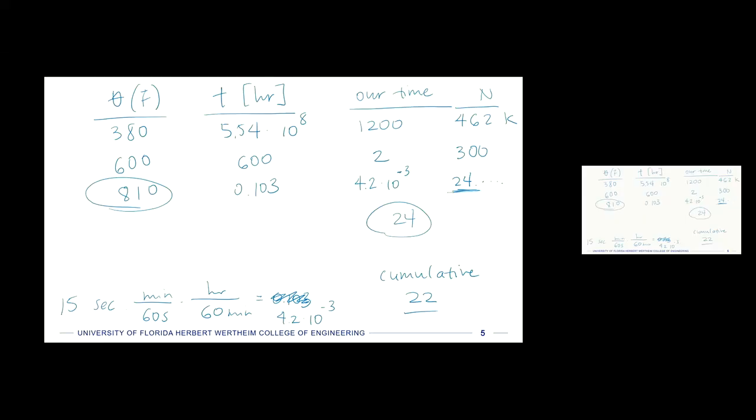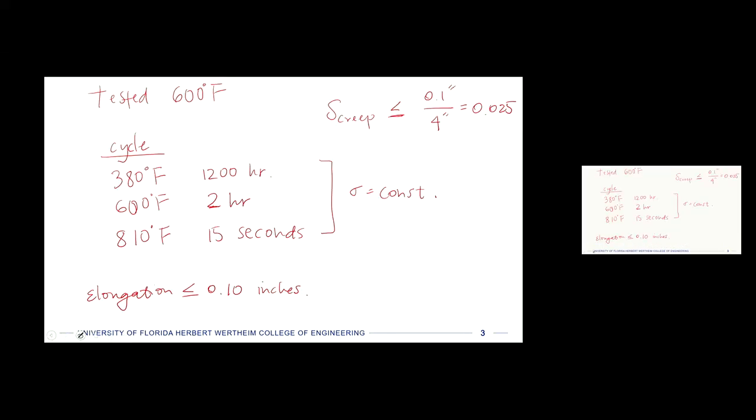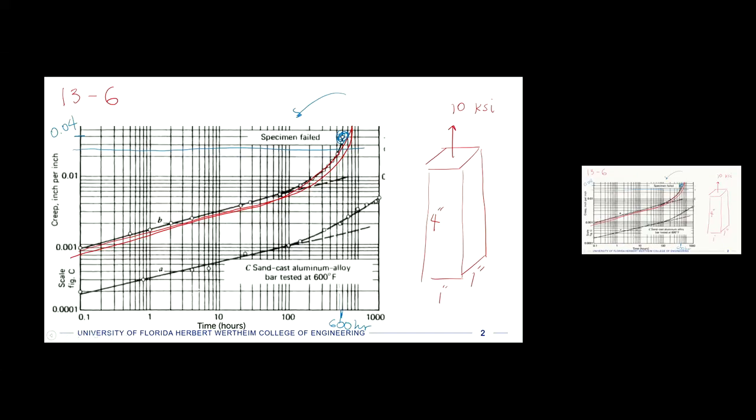Yes, question here. What was the indicator to use the Larson-Miller parameter, and why did we use the 24,000 again? Like, what was the giveaway or the indicator in the problem that would do that? So two giveaways. The first one is we're only given this one curve, right?